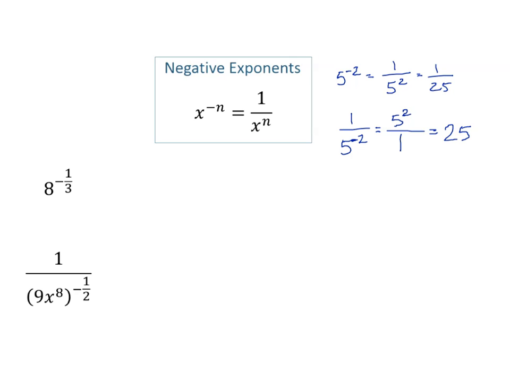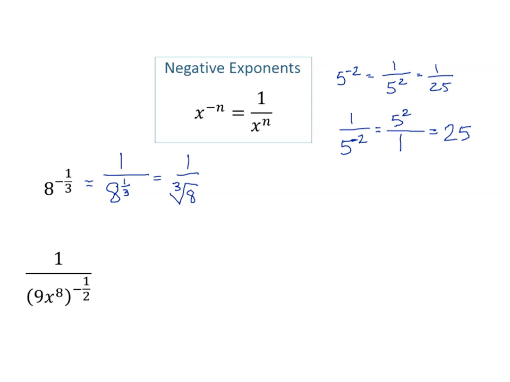So let's try it. 8 to the negative 1/3. So if I take the reciprocal of that, I would get 1 over 8 to the 1/3. And 8 to the 1/3, that means that I'm finding the cube root of 8. And 8 does have an integer cube root, because there is a number raised to the 3rd power that equals 8.